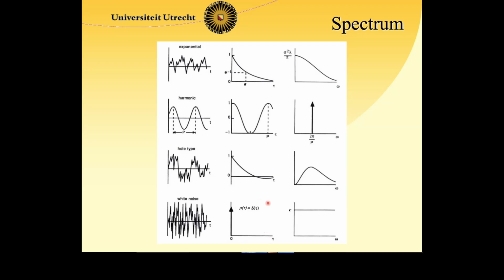Now, what is interesting to see is that if we take the total energy that is in white noise, which is the area underneath the spectrum, and integrate it between 0 and infinity, we get that the variance is infinite. And that's true, the variance of a continuous white noise process is infinite. That also means that the total energy that you need to generate a process like that is infinite as well.